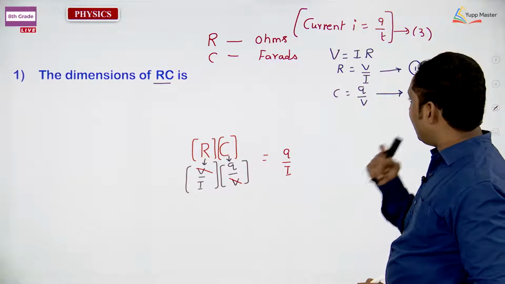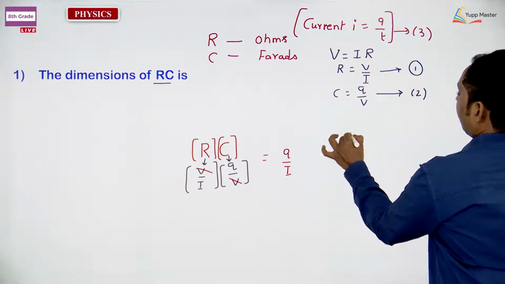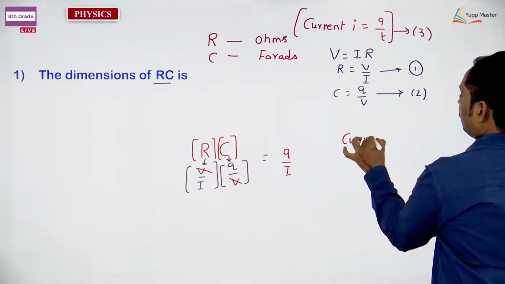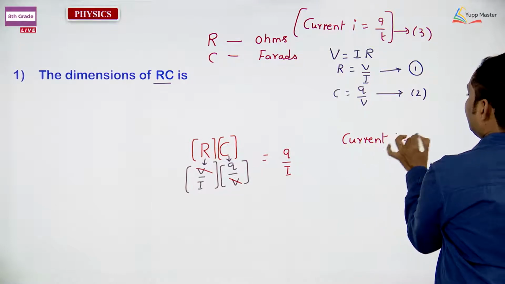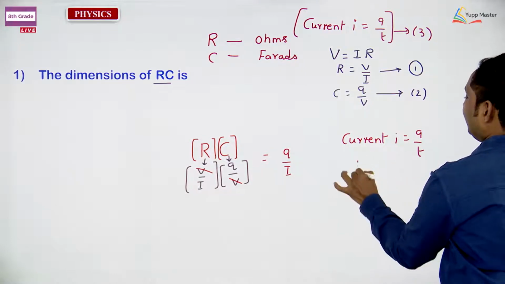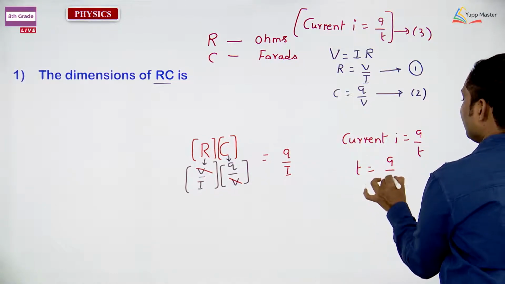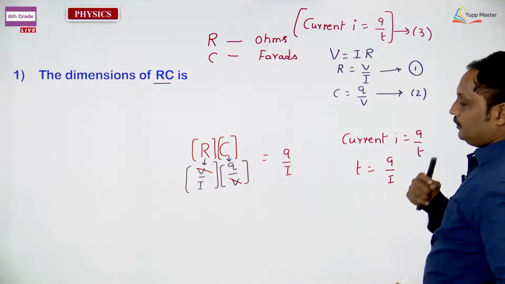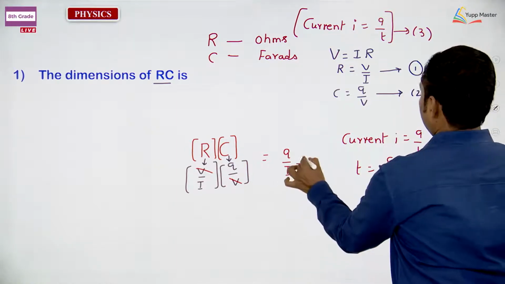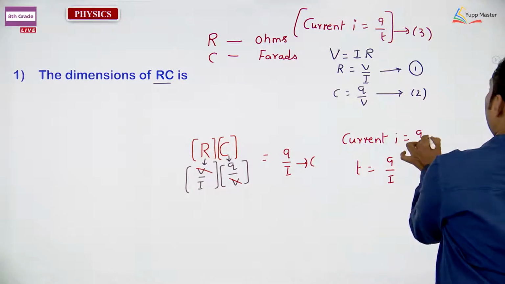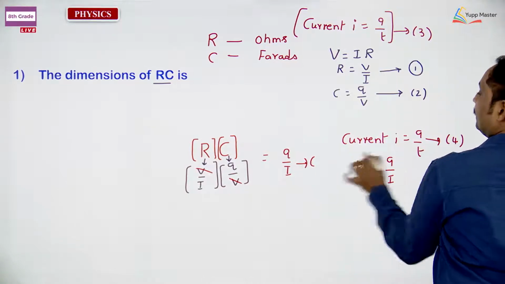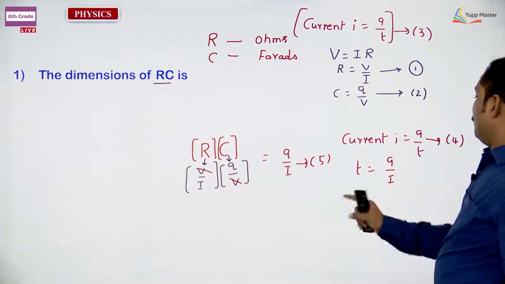You know, current I is equal to Q by T, so T is equal to Q by I. This is equation number 4, and this is equation number 5, let us assume.